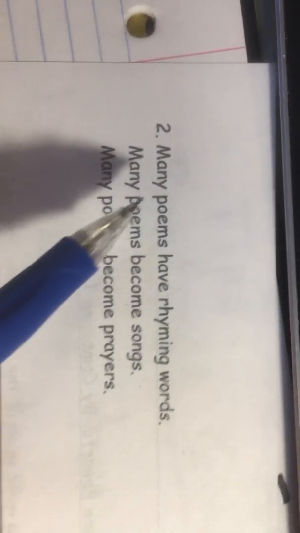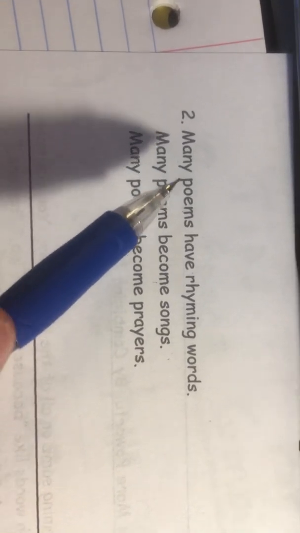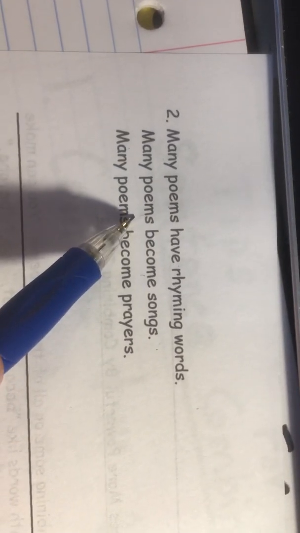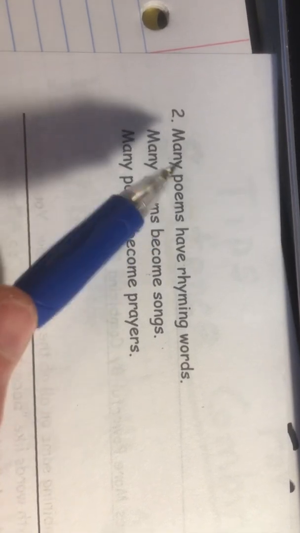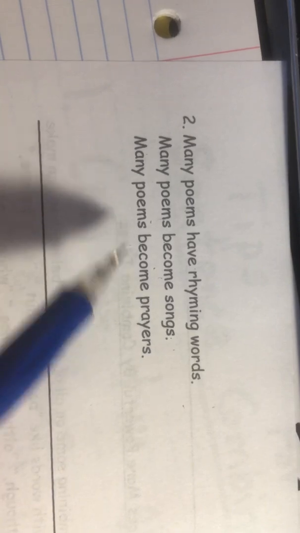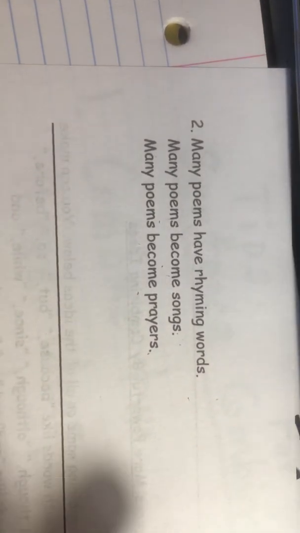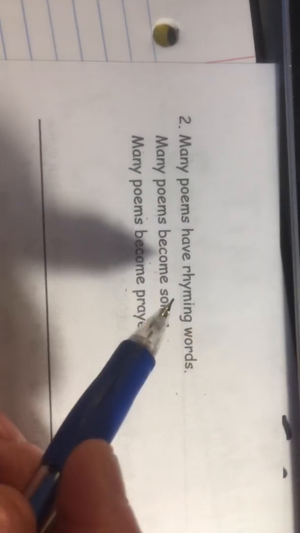I was going to talk about these as appositives. You could say many poems, comma, which have rhyming words, comma, become songs and prayers. You could do that. That's kind of doing appositives and adding the word and.